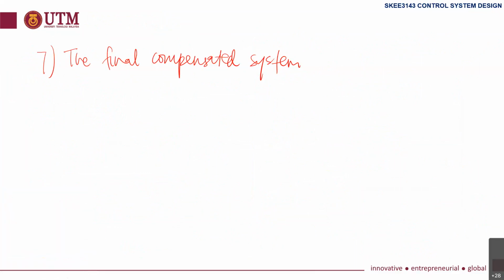Okay, number 7, the final compensated system. We multiply G with Gc.